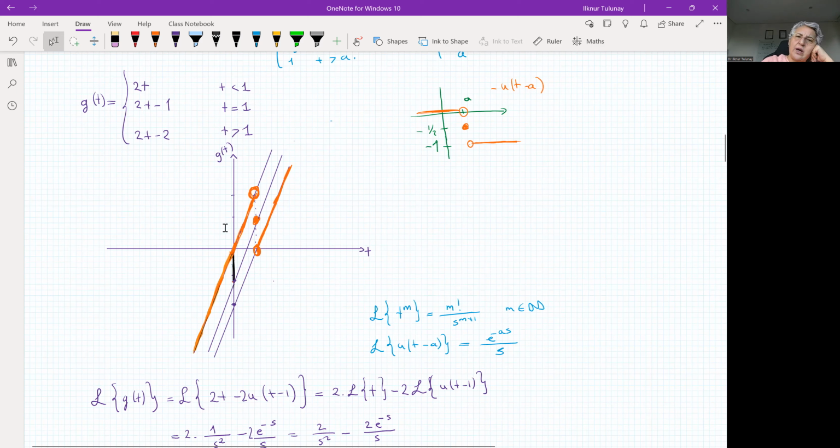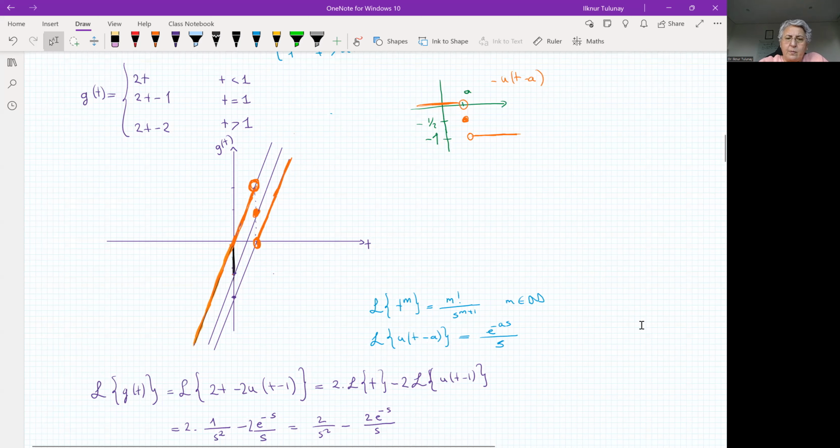And up to t equal to 1, we have this part. When t is equal to 1, we have a point on this line. And when t is bigger than 1, we have a line segment, except this point. So this will be the graph of this function, which we drew as required.